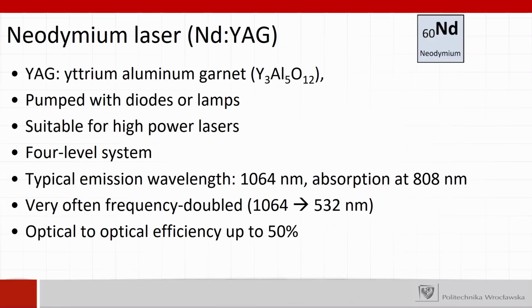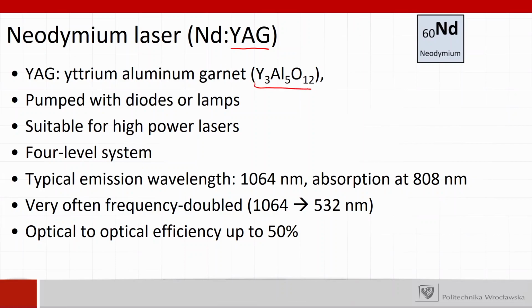However, as I said, probably the most popular and most commonly used laser is the neodymium doped laser. It is very often used in industry, and neodymium can be used in combination with YAG, which is yttrium aluminium garnet.